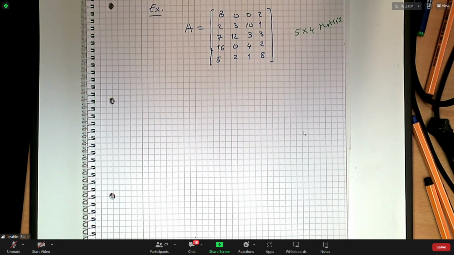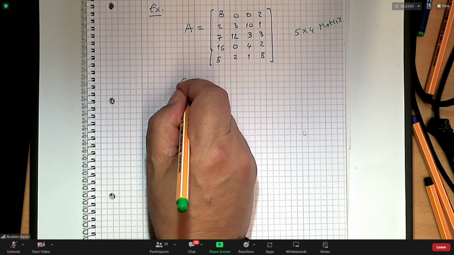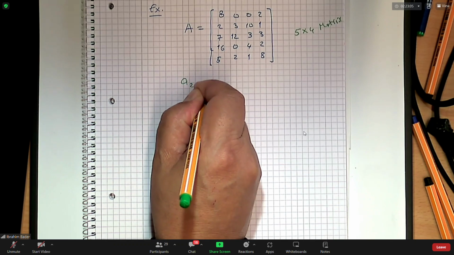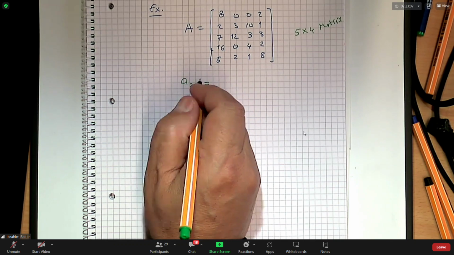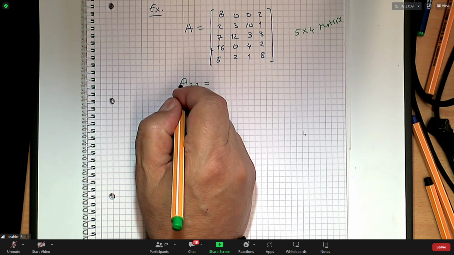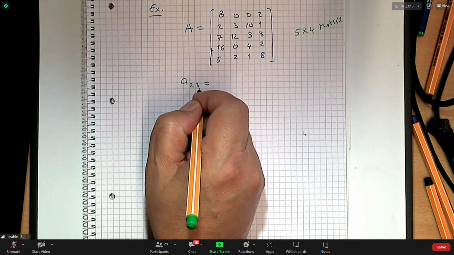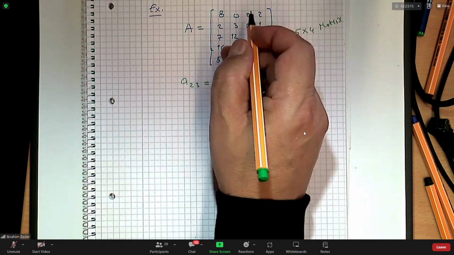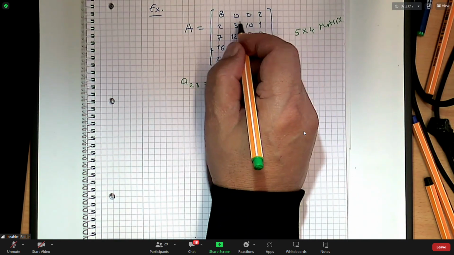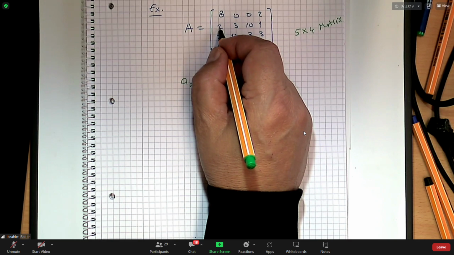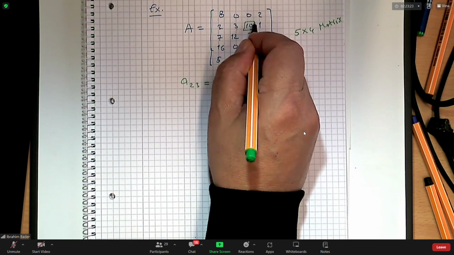Who's going to tell me what is A23? A23 means small a23. That means the element in the second row, third column of this matrix. Second row, column 1, column 2, column 3 is 10.